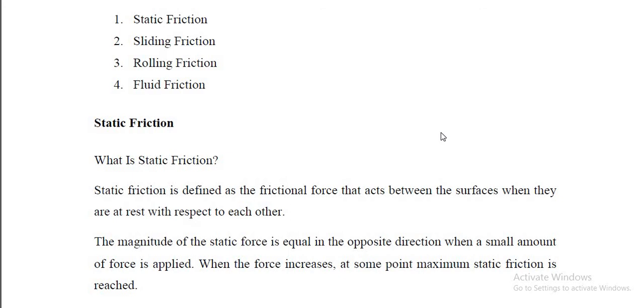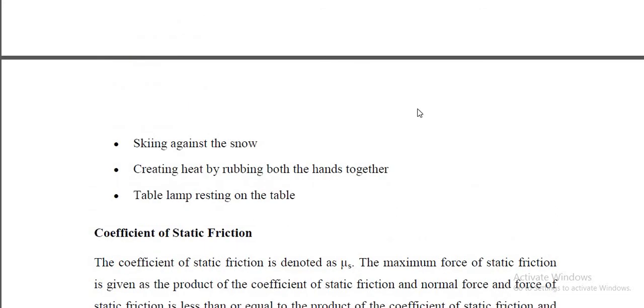But when the frictional force reaches some point, that is called the maximum frictional force. Examples of static friction: skiing against the snow, rubbing hands together to create heat, and a table lamp resting on the table.